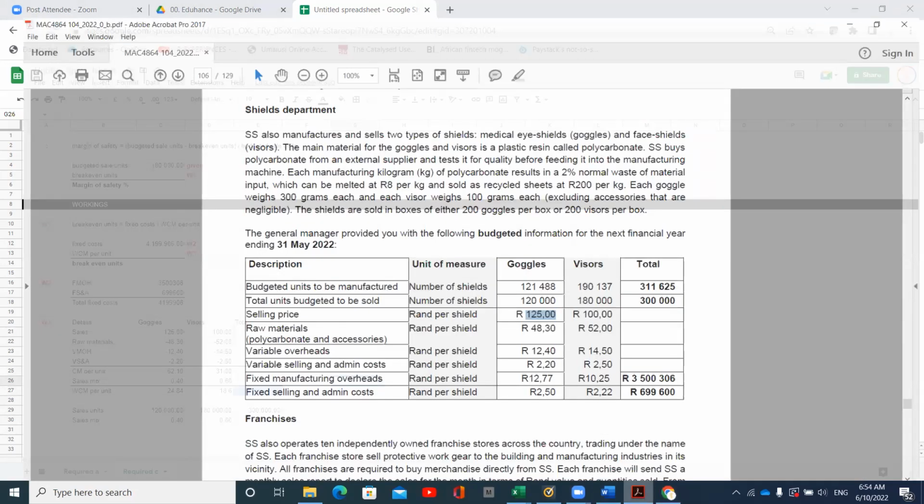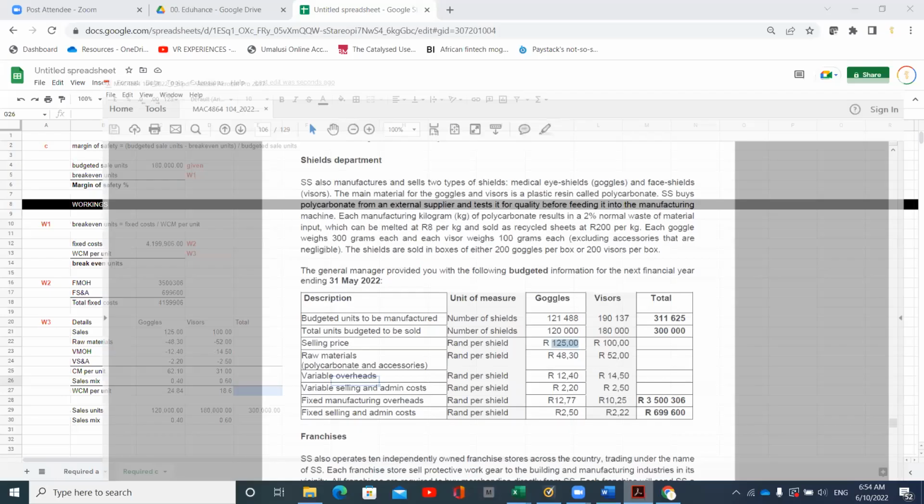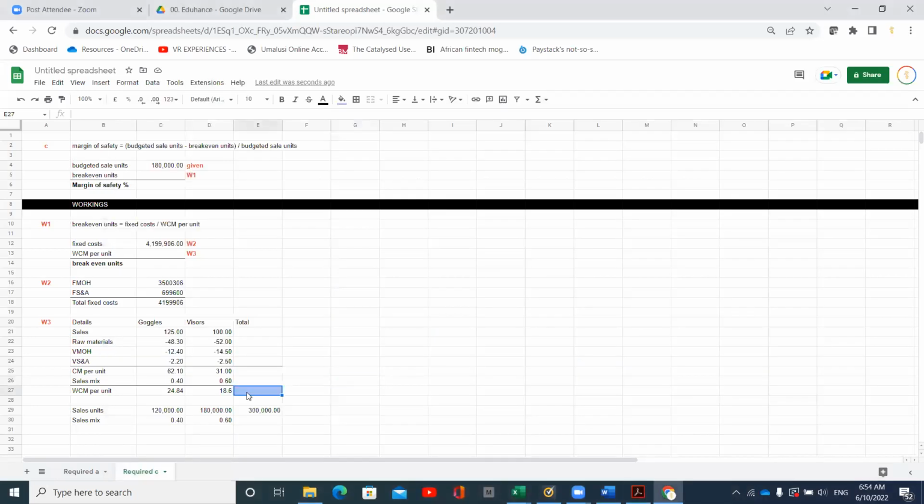Check something quickly. So 125. Okay, raw materials and accessories per shield. Okay, looks like we are sorted. Now we add up the two. So the weighted contribution is 43 Rand 44.